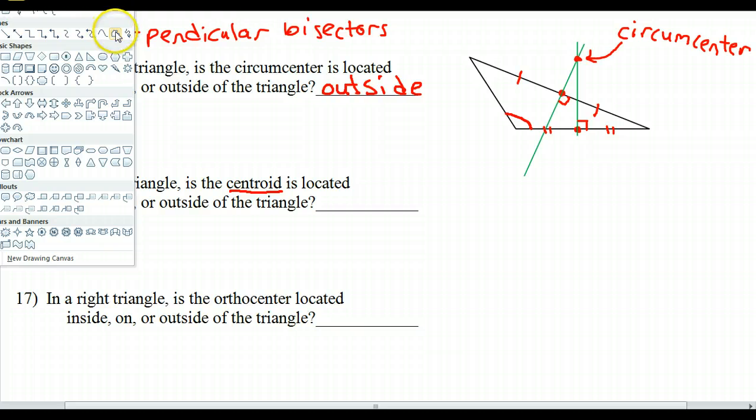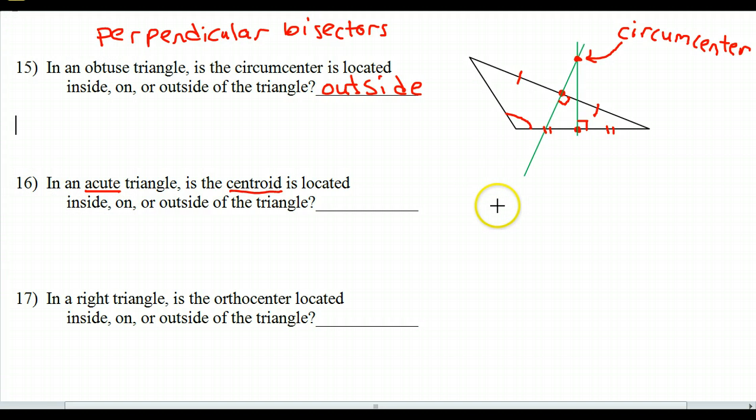So let me draw a quick acute triangle, like just something like this. Okay, so there's an acute triangle. Make a little bigger.